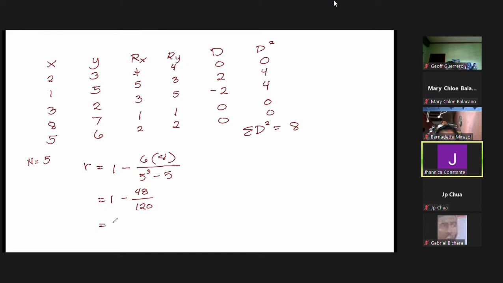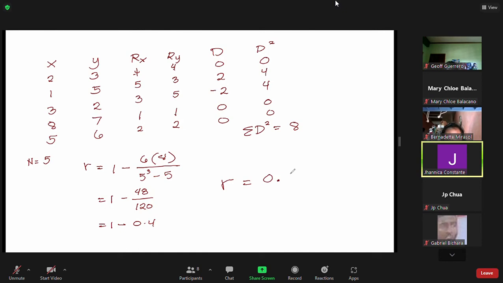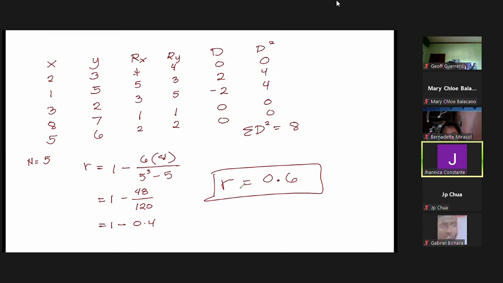So the correlation is 1 minus 48 divided by 120 equals 0.4. So our correlation between x and y is equal to 0.6. So that is our correlation between the set x and the set y.